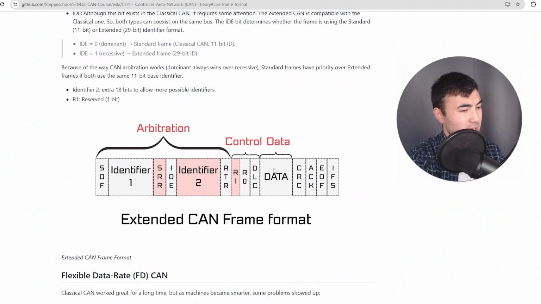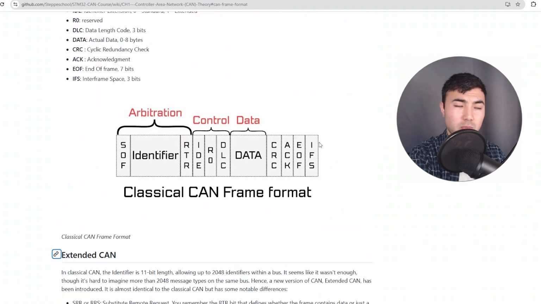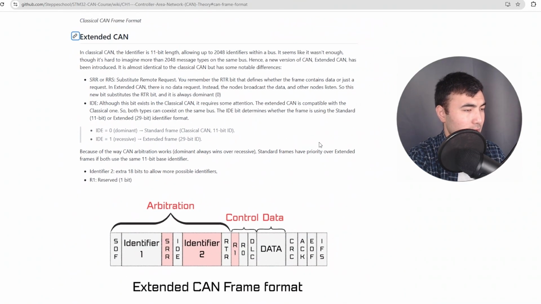It's almost identical to the standard CAN frame format, but here we have not 11 but 29 bits for the arbitration process. So more nodes, more messages can be sent. Basically, you have more choices to define the ID of the frames. This is the only difference, I think, compared to the classical CAN.